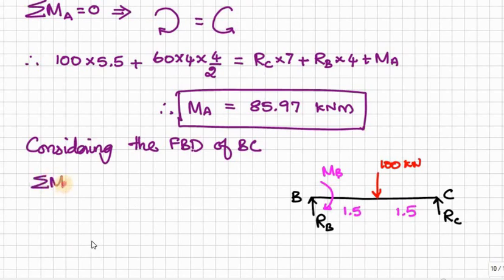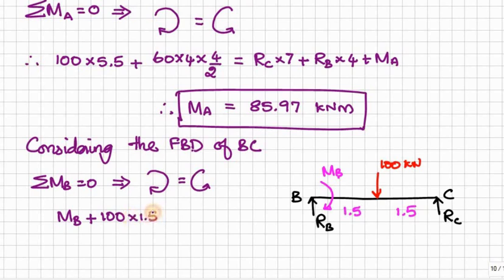Now considering moment at B, that means sigma MB is equal to 0. Again we are grouping clockwise moments and anti-clockwise moments. Therefore, MB is a clockwise moment.